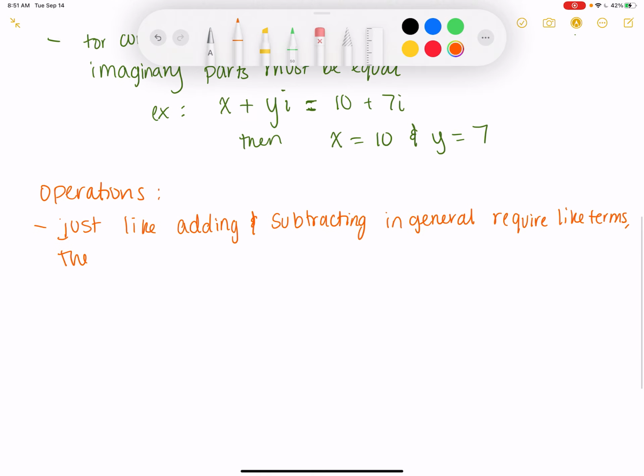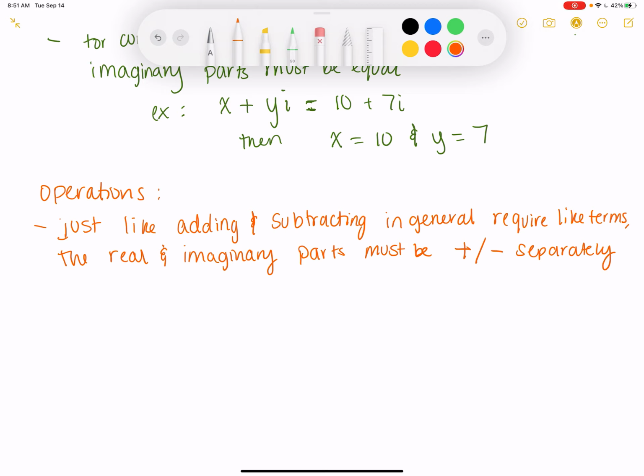The real and imaginary parts must be positive or negative separately. Positive or negative to complex numbers.